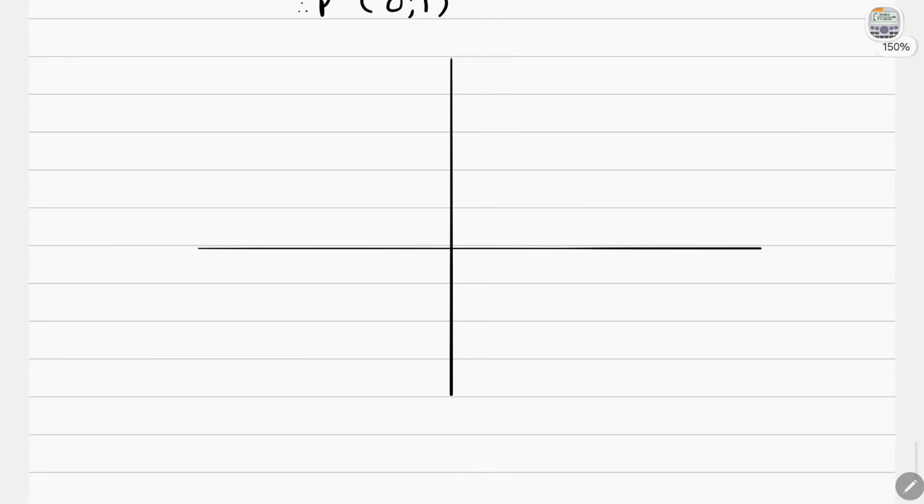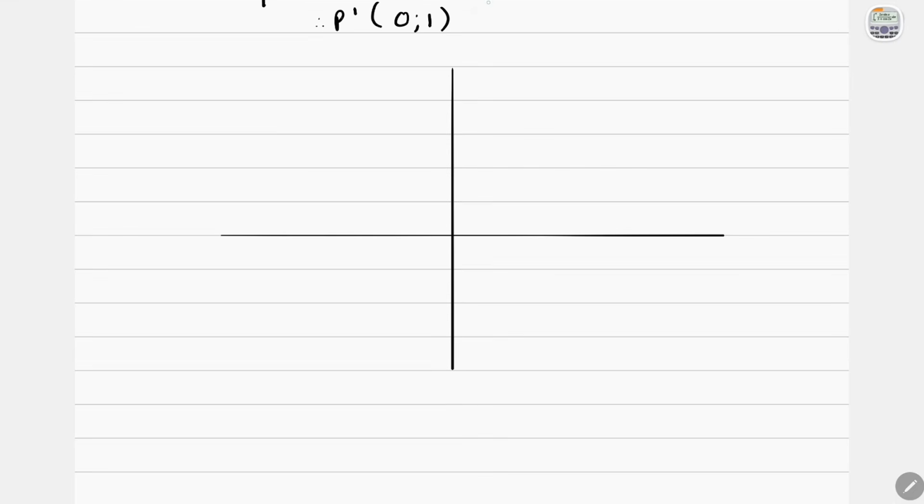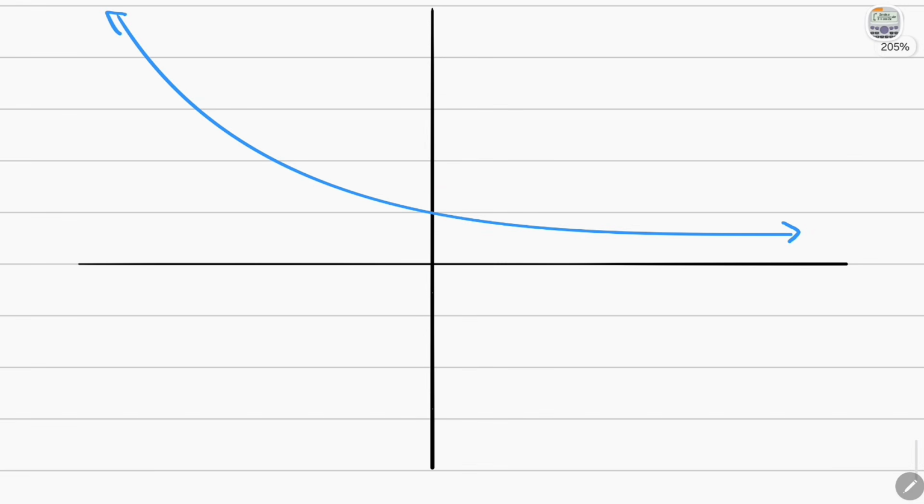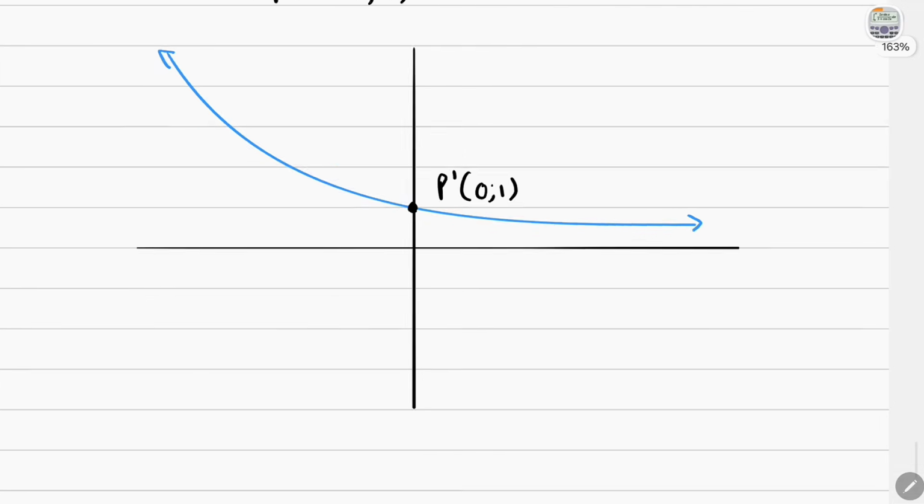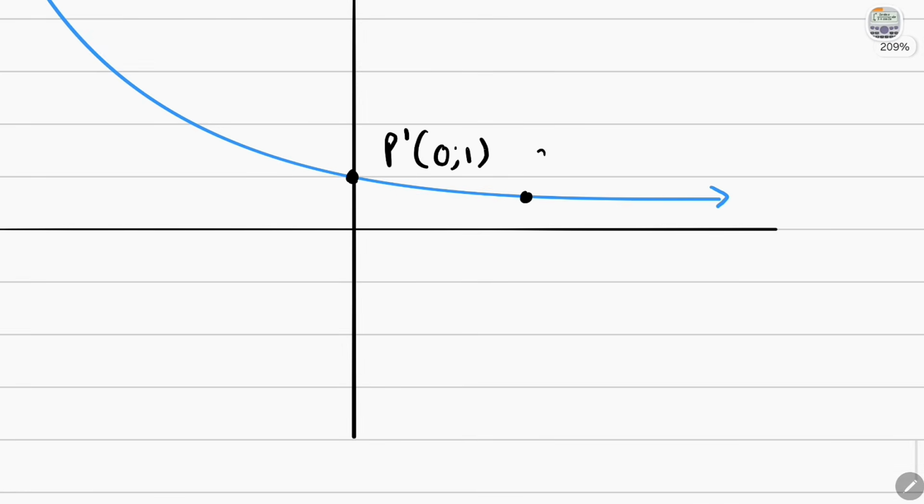So here are our axes, and we must make sure to point out those two points. Our inverse is going to look like this. It's going to shoot down and move closer and closer to the x-axis, where we'll have P prime being the y-intercept, (0, 1). The other point is Q prime on the inverse.